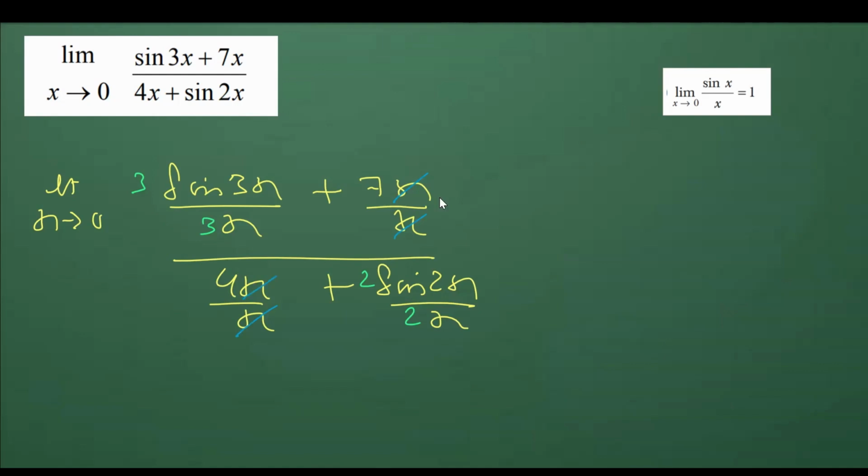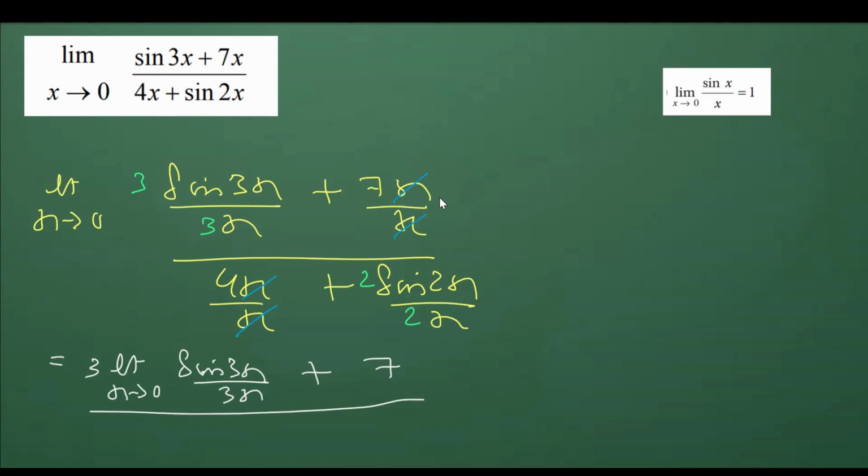Now, applying the limit for each part, let's say I apply the limit for this part. This is limit x tending to 0, and the 3 I can write outside, and then we have sine 3x over 3x. Plus, this is independent of x, so we'll not apply the limit over here.